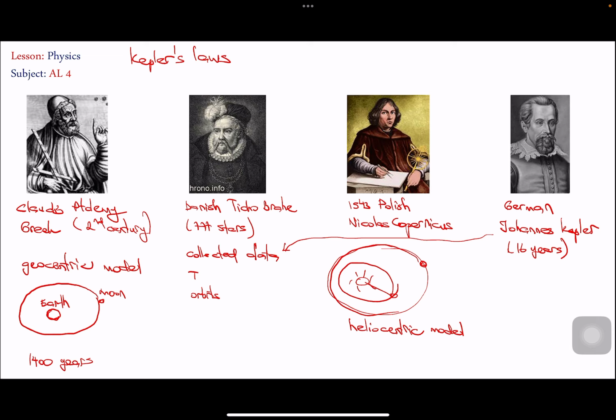And he found out the orbits are not exactly circular. He said that the orbits are elliptical, an ellipse, not a circle.